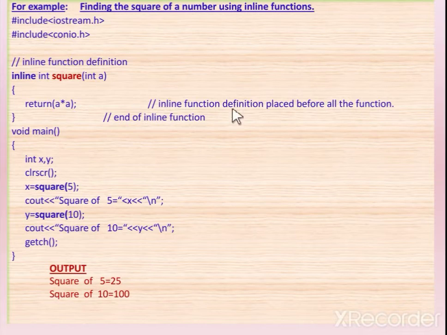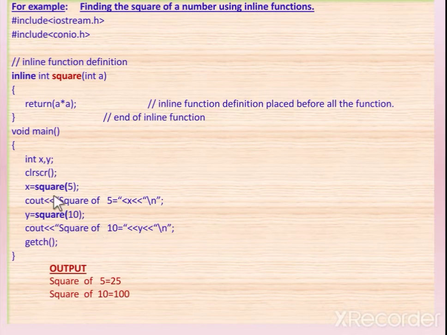See here, the inline function definition is placed before all the functions, before the main function. So here is inline int square(int a), where square is the function name, inline is the keyword, and then the function body. The body of the inline function is going to be substituted when the function is called in the main program or in other functions, right?